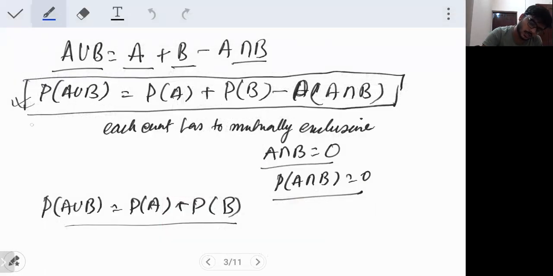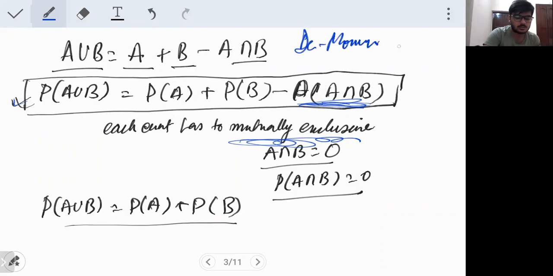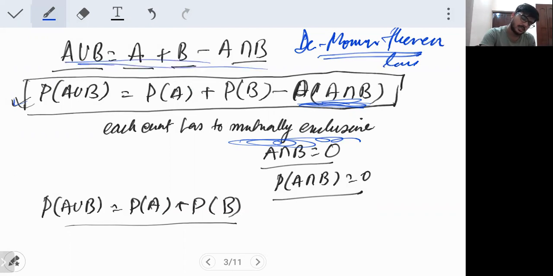So this was an axiom, right? We used the axiom when the events were mutually exclusive. So for that we use this. This is the De Moivre theorem, De Moivre law. I don't remember the spelling of Moivre. We can say this, right?